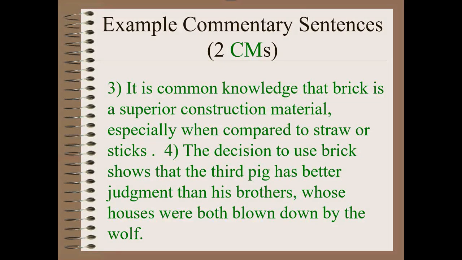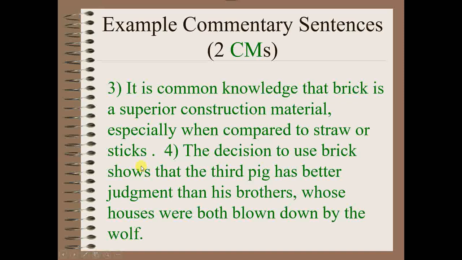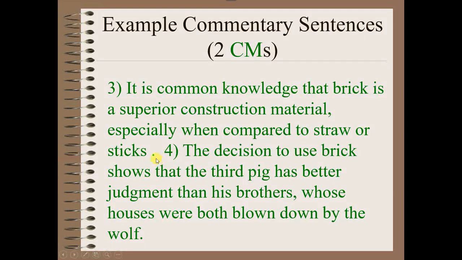First commentary sentence: It is common knowledge that brick is a superior construction material, especially when compared to straw or sticks. That's a material that his two brothers used. I'm sure you will remember. Next commentary sentence: The decision to use brick shows that the third pig has better judgment than his brothers, whose houses were both blown down by the wolf.